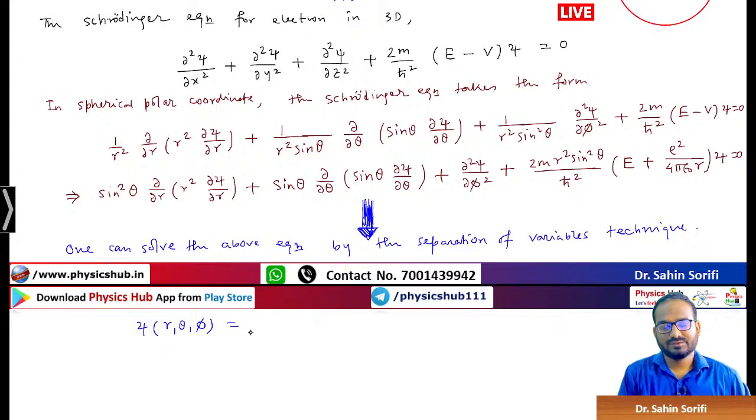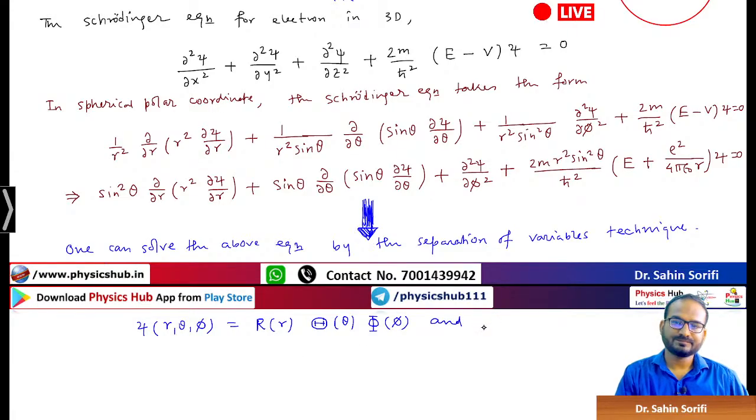Now we are using separation of variables, so some function of r, some function of theta and some function of phi. We write it as capital R of r, capital Theta, which is a function of small theta, and capital Phi, a function of small phi.